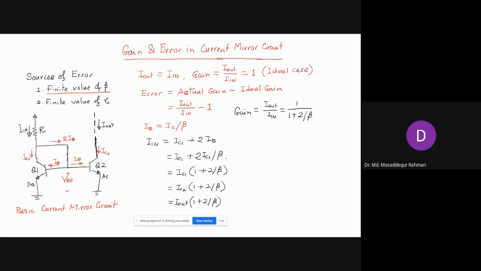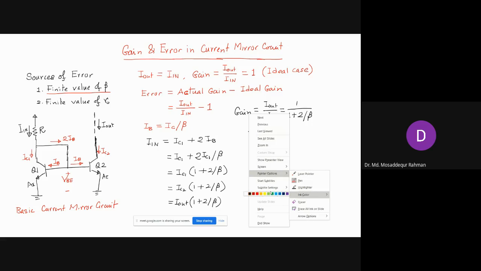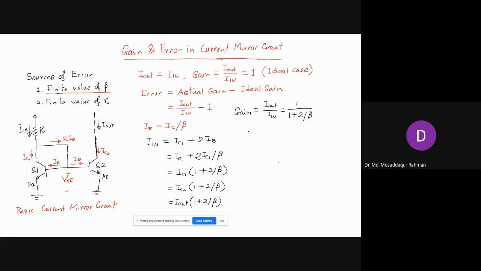Is that clear, guys? Yes, sir. Okay. So what you see from here, that gain is not exactly 1, rather it is less than 1, right? Our gain here is less than 1.